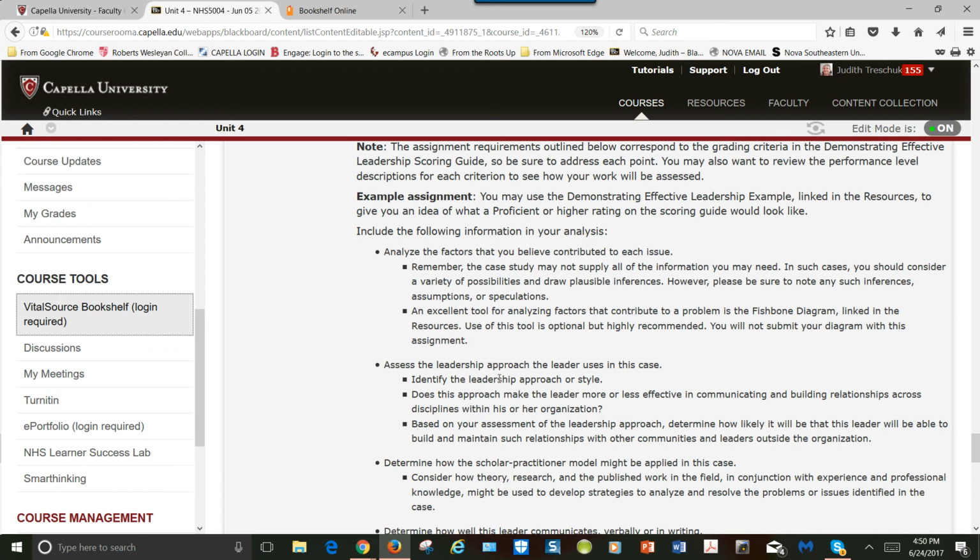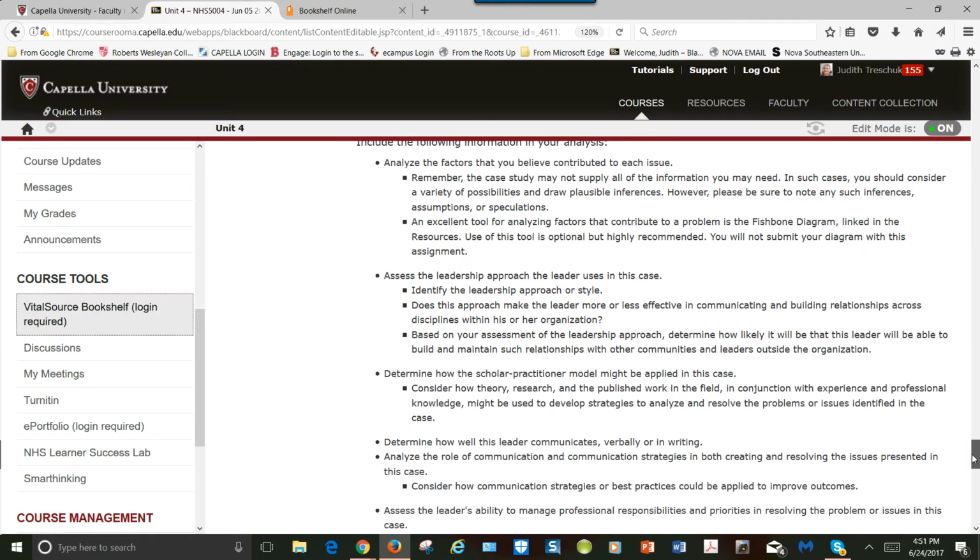So if you notice, it's going to be quite difficult to identify a leadership approach or style if you don't choose a case study that gives you enough information to address that area. So I would be sure to pick a case study that provides you with a deep amount of information and a situation that would be quite amenable to these questions that are asked for you in your paper.